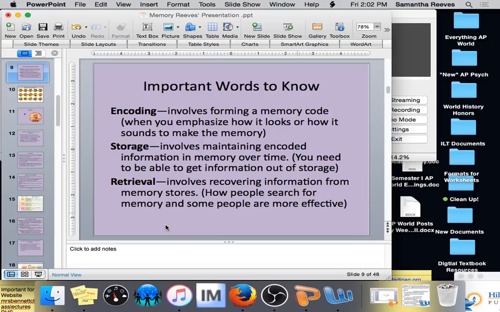What is it, Valeria? Plus or minus 7. On your whiteboard, what is the nickname of short-term memory? Good. Chris, what is it? STM, also what? Working memory. You need to know that, because that's also a test question.